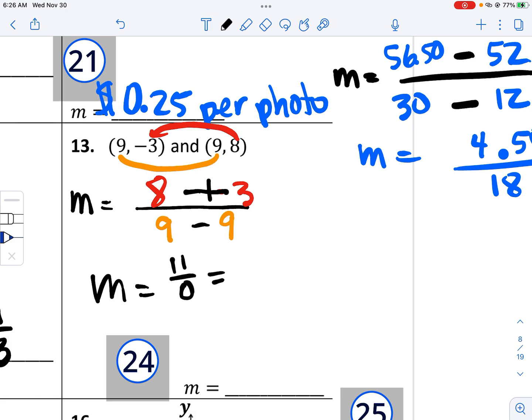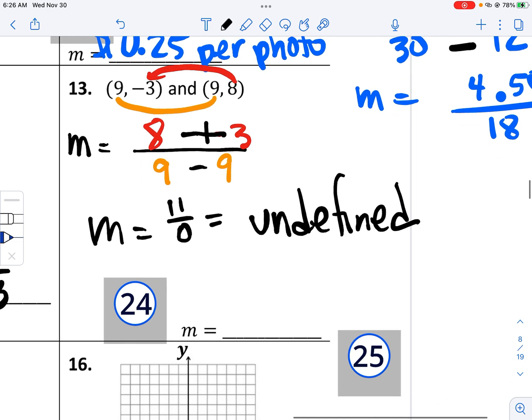If you plug that into the calculator and you get 0 as your answer, you have plugged it in incorrectly. This is undefined. You do not know what it's going to come out to yet. If you put 11 over 0 in your calculator, you will get an error.